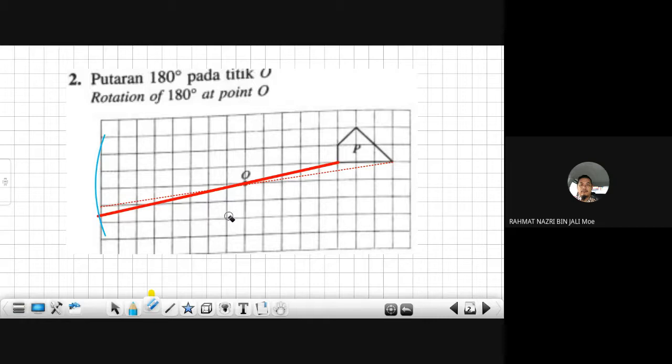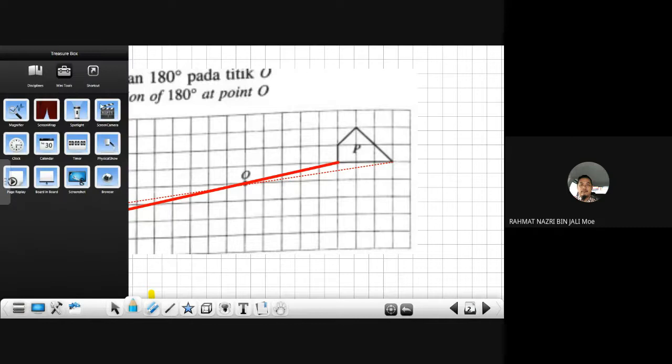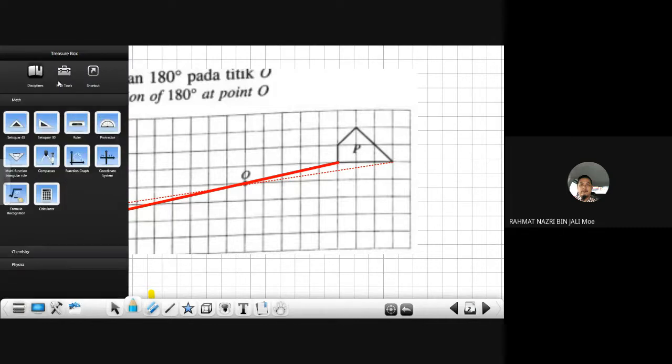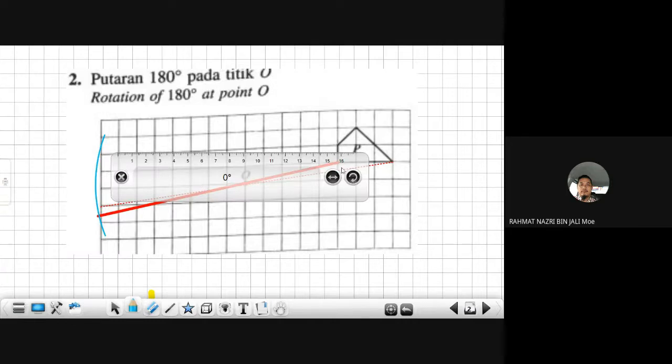Okay, cara yang kedua kita guna protector tadi ya. Protector and ruler. So let me take the ruler. Okay, there's my ruler. Okay, saya pendekkan ruler ini.